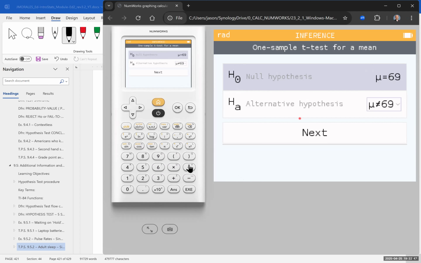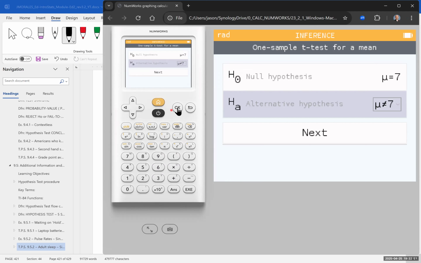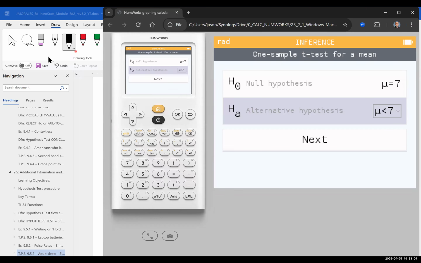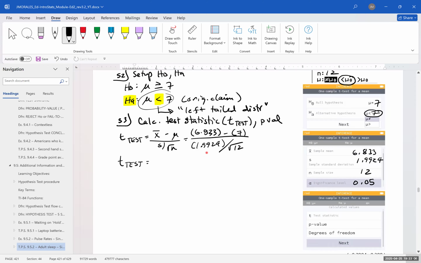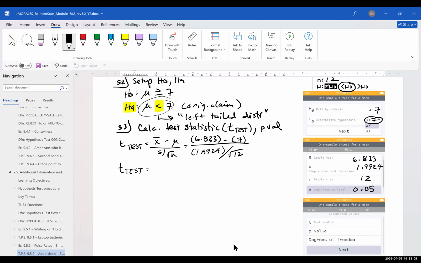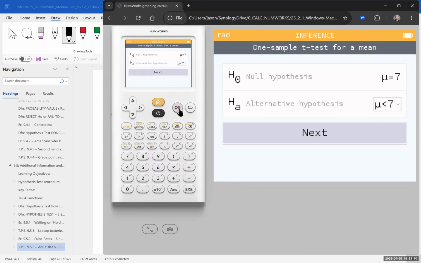Okay, so now we're going to have 7, and the alternate is less than 7. Let's see, did I do that right? Yes. Okay, so go down to next.